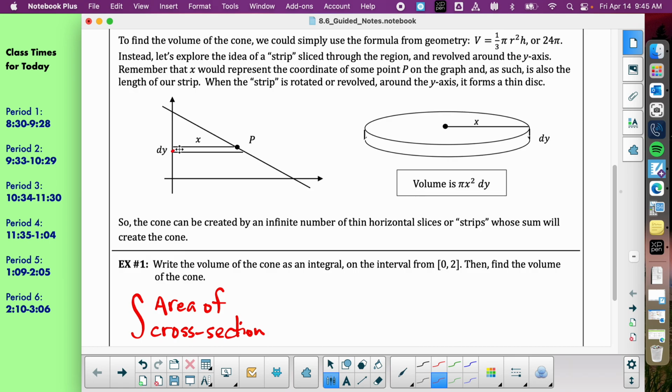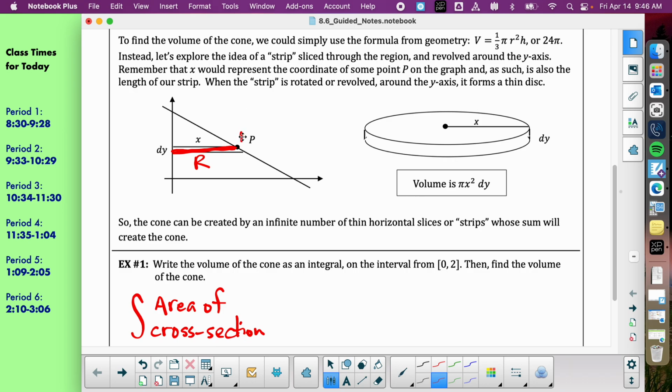The rotation was around the y-axis, which means it's perpendicular to the y-axis. So this is going to be the radius. And we're actually going to call it capital R for right now, because in a couple problems we'll have two different R's. So capital R.